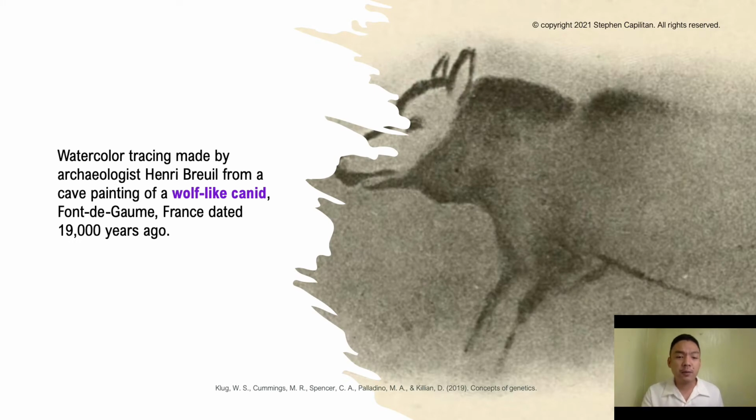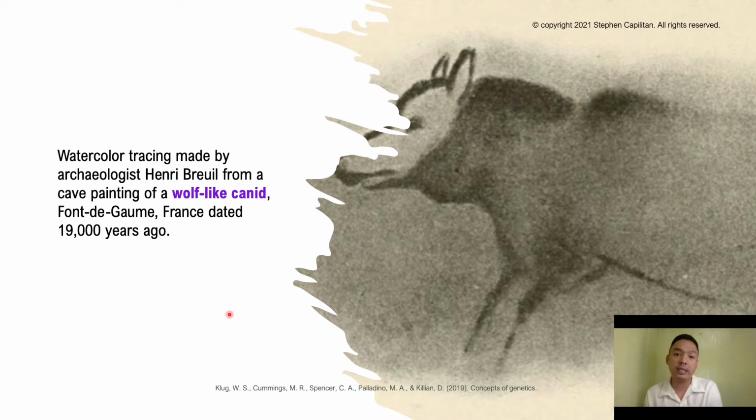This is a watercolor tracing by archaeologist Henri Breuil from a cave painting of a whole-life canid. Okay, this is 19,000 years ago. Domestication of plants and animals were the highlight of the history of genetics, because people got acquainted with the ones which they preferred the most.